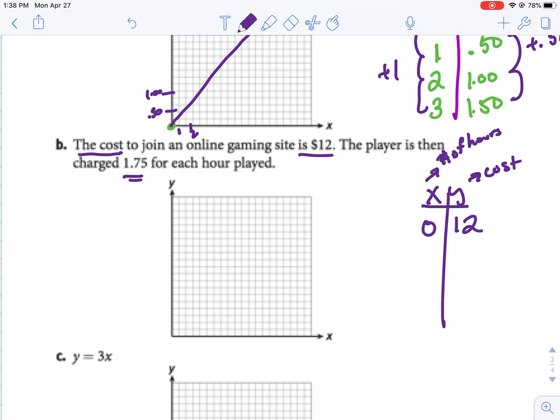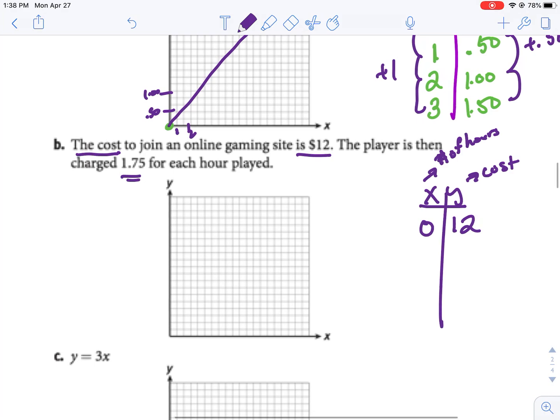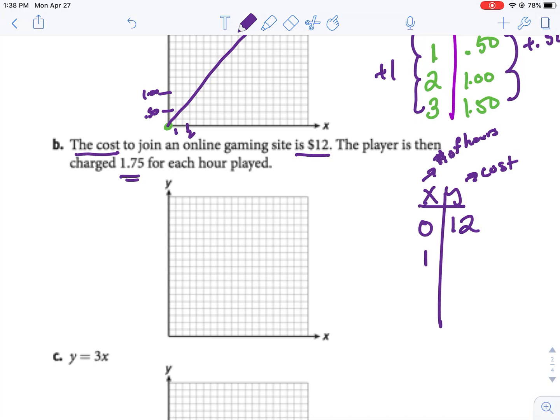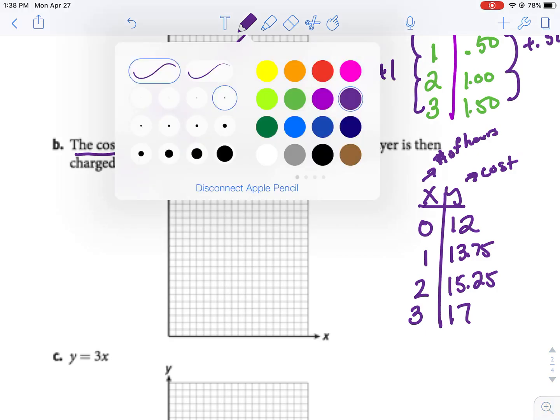Okay, now it says it's $1.75 per hour. So if you play 1 hour, you're going to pay an extra $1.75, so you're going to pay a total of $13.75. If you play 2 hours, you've got to add another $1.75, so that's going to be $15.25. If you play 3 hours, you've got to add another $1.75. That gets us to $17.